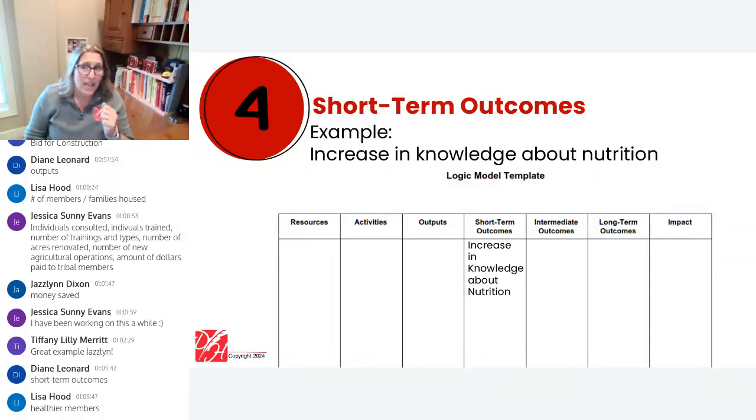Or is it as indicated by self-reported knowledge gain from participants? That's a great extra way to build out your short-term outcomes to ensure that you know how you are going to measure it, and is that method of measurement actually feasible for your organization and your team?